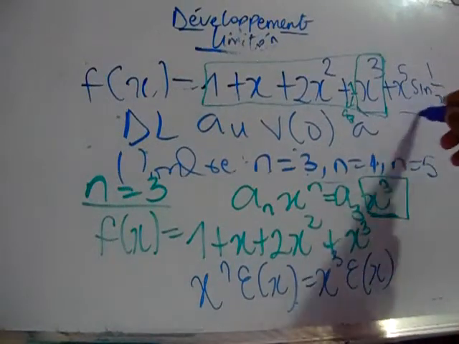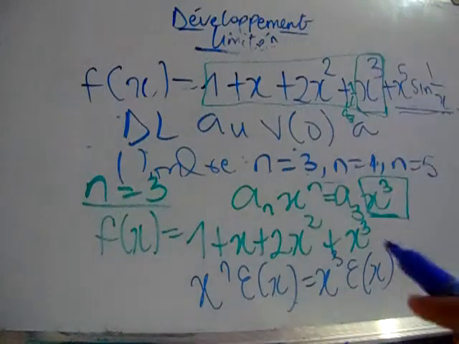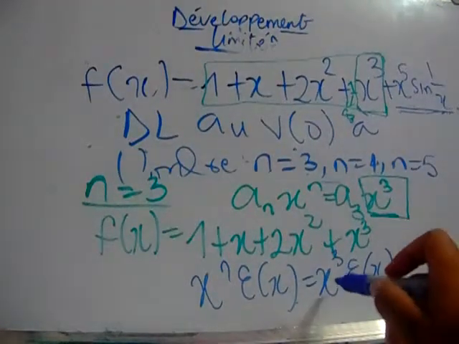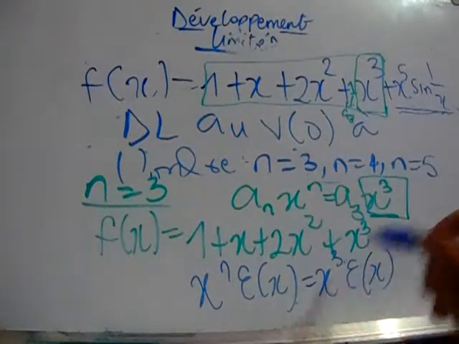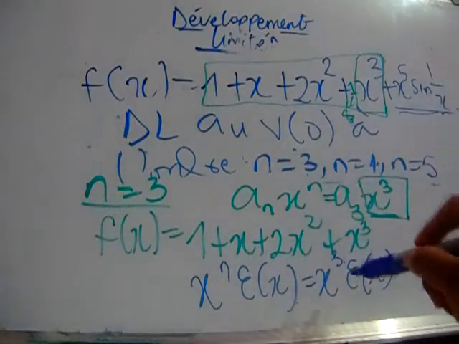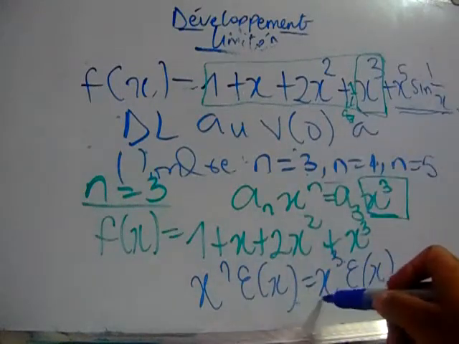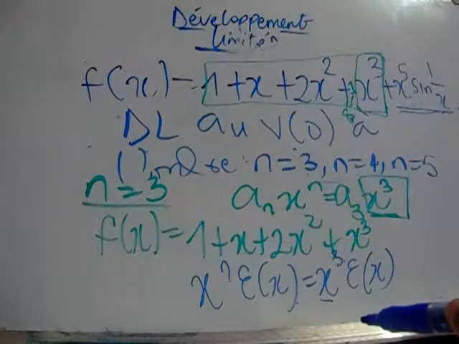And whatever is left after bringing out the polynomial part is our rest. But in this case, we have x raised to the power of 3, and here we have x raised to the power of 5. So in order to get our epsilon of x, we have to factor out x raised to the power of 3 here.